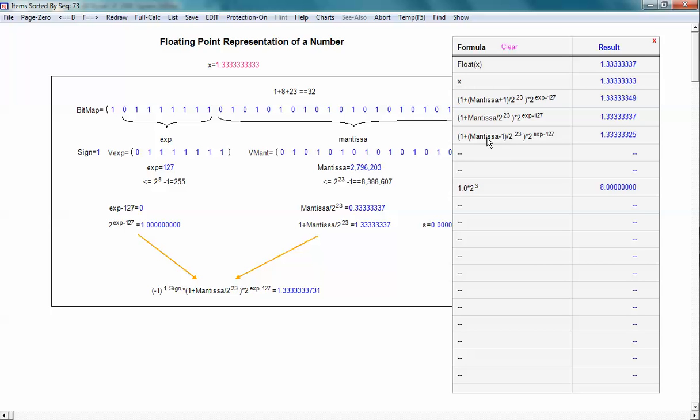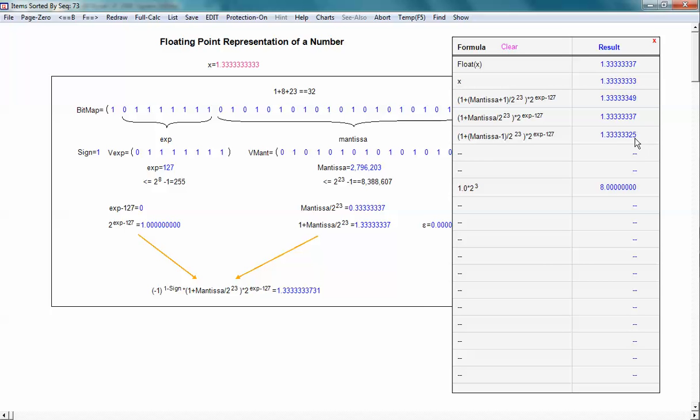Suppose we reduced our mantissa by 1. In other words, we looked at this thing here. In that case, our machine number, each of these are machine numbers. A machine number is something that can be represented by an integer value for the mantissa.